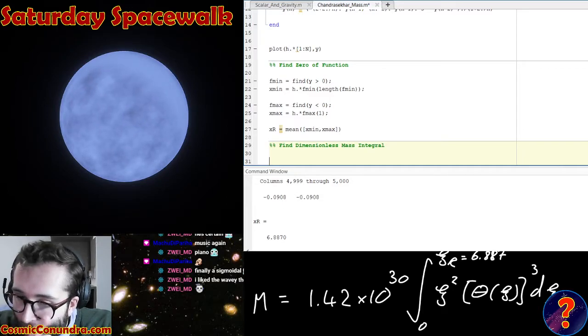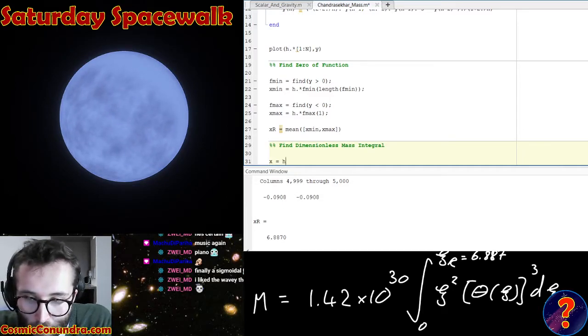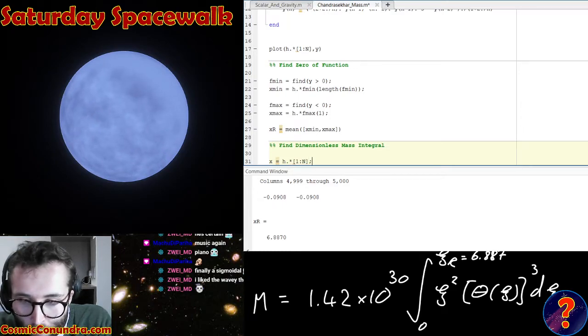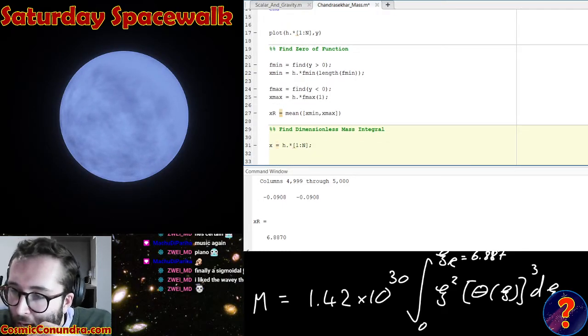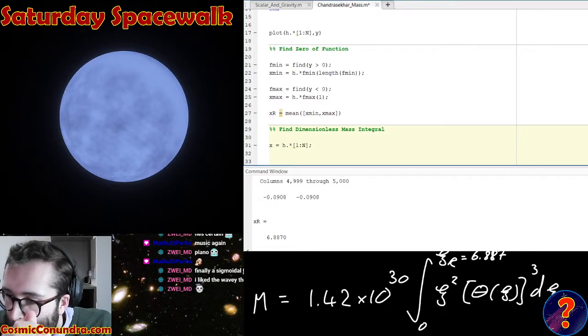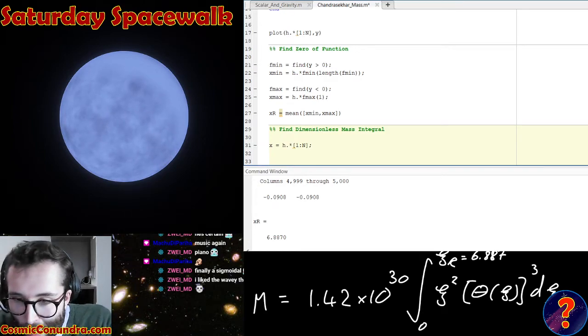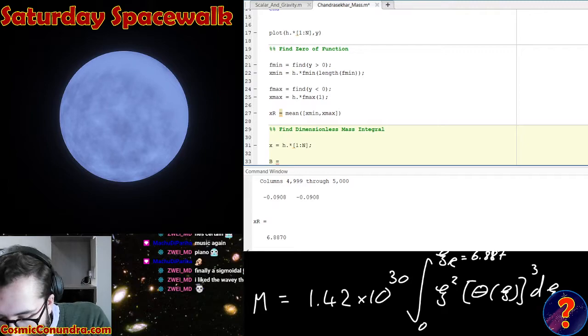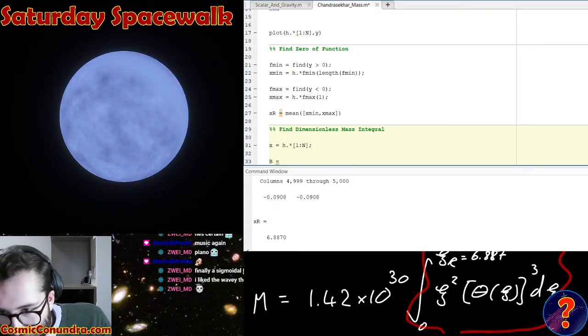So I'm going to define h in this way, 1 up to capital N. This now defines my x-axis as these discretized grid points. And the thing I'm going to use to calculate this integral, which I'm going to call b, this whole thing here.